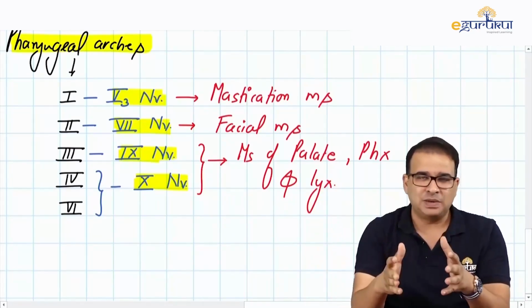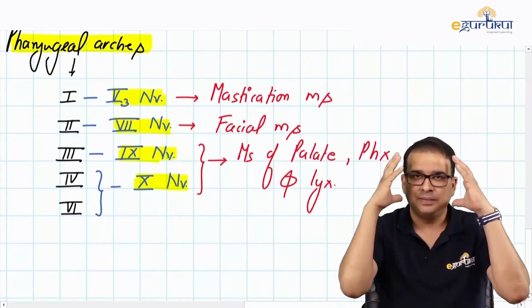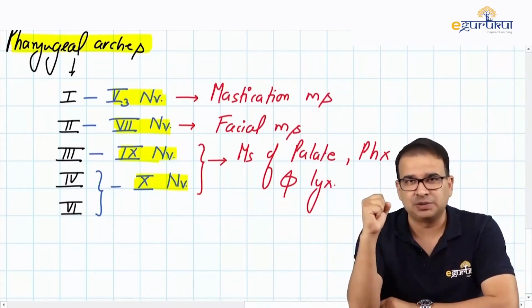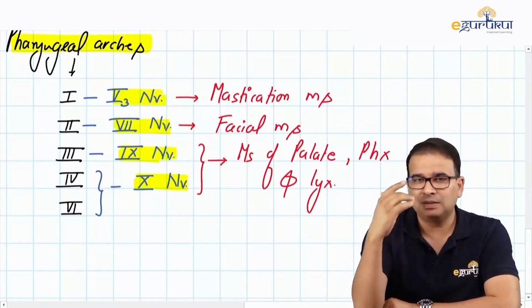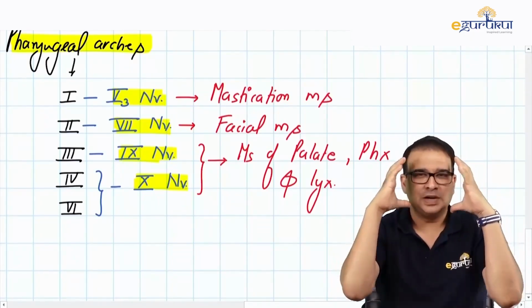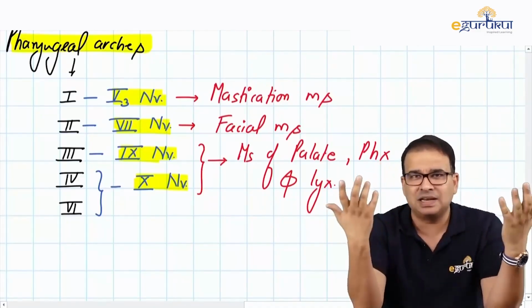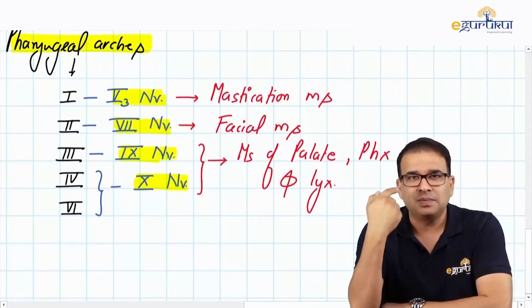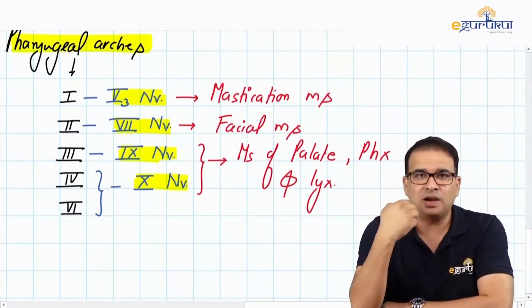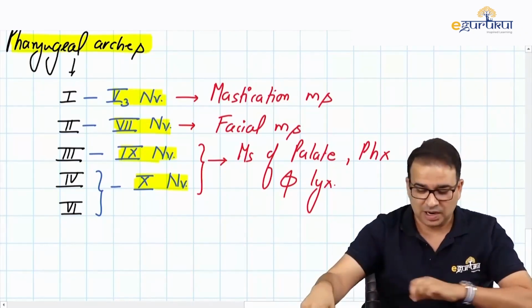Then there is a second group of muscles which are again skeletal muscle present in this region only, but not derived from the pharyngeal arch. Now think about it. What are the muscles left in this part? I want you to just think about this part here. So we're done with the muscles of mastication, facial muscles are done, palate, pharynx, larynx done. What is left? Extraocular muscles and tongue muscles. Now extraocular and tongue muscles are also what? They are skeletal muscle, but they are not derived from the pharyngeal arches.